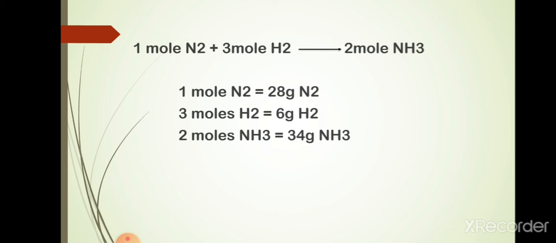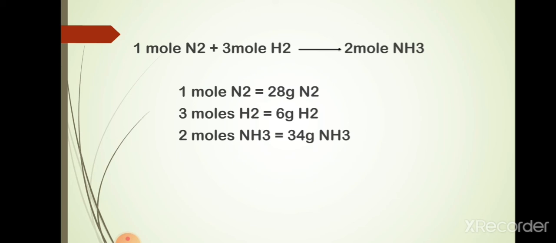Here we have to convert moles to mass. How will we convert it? We know that 1 mole is equal to the molar mass of the element in grams. Hence, to find the grams of nitrogen, N2, 1 mole is equal to 28 grams. That is, the molar mass of nitrogen is 28.